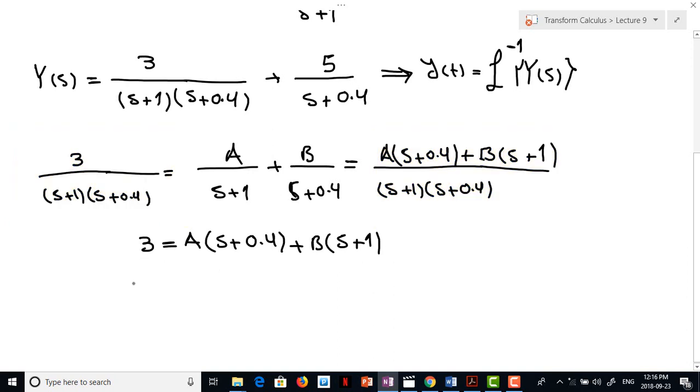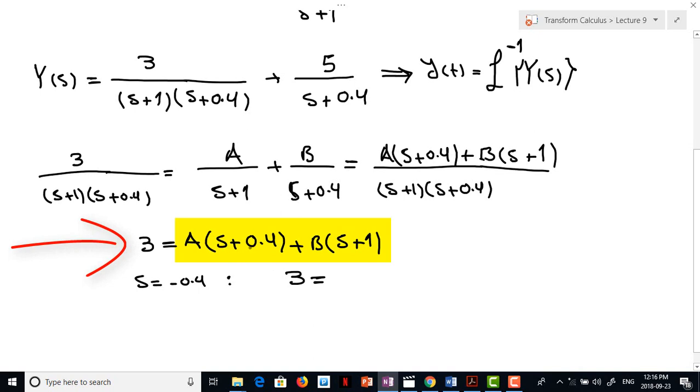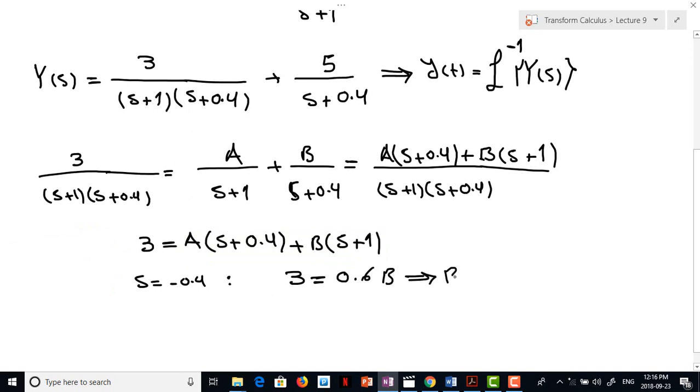So we can plug in s equal to minus 0.4, the second solution that we had. If I plug s equal to minus 0.4 into the equation, on the left hand side of the equation we have 3, and on the right hand side minus 0.4 plus 0.4 is 0, so we have B times 0.6. As a result, B is equal to 5.